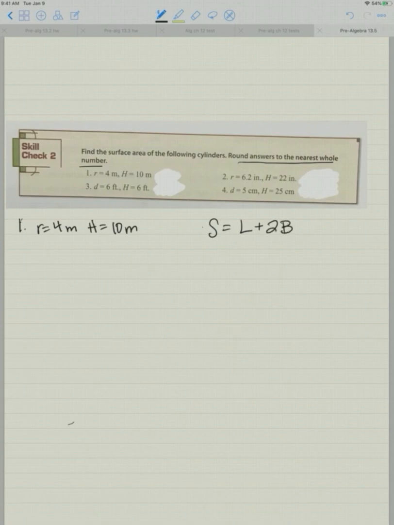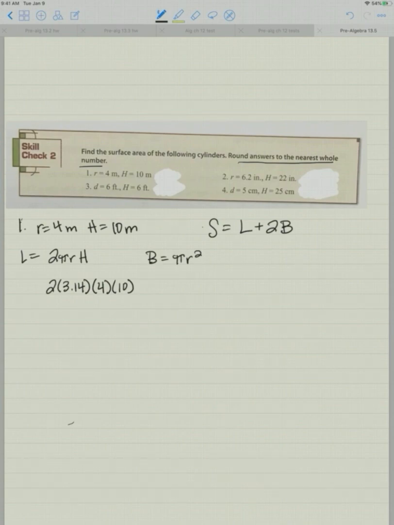Big L, when we're talking about circular cylinders, is 2 pi r times the big H, and B is going to be equal to pi r squared, the area of a circle. So let's start plugging things in. To find the lateral surface area, 2 times 3.14 times the radius, 4, times 10.